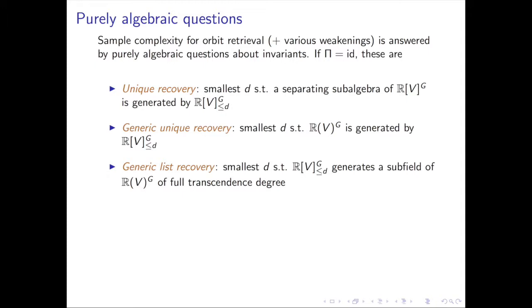In principle. Okay, that's a subtle question. I'm not sure if there's a difference between separating subalgebras over the reals and over the complexes. Maybe we can talk about that. Okay, sure.